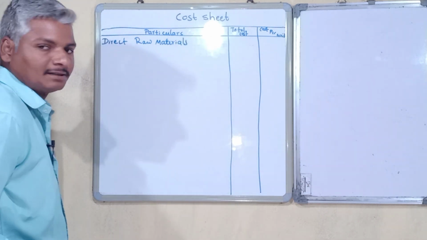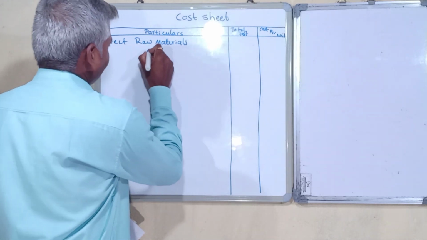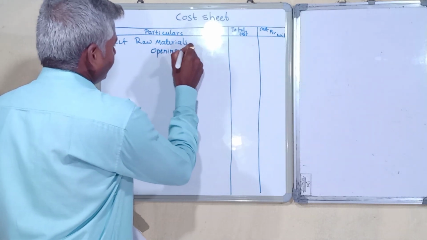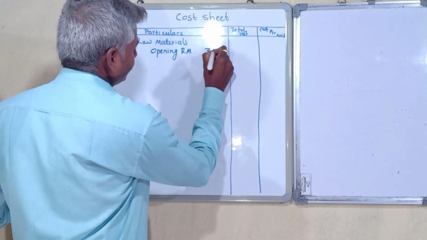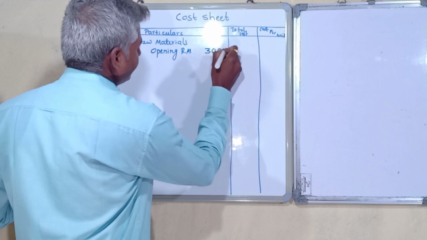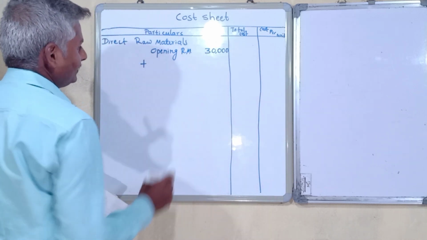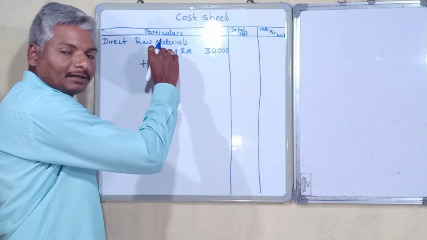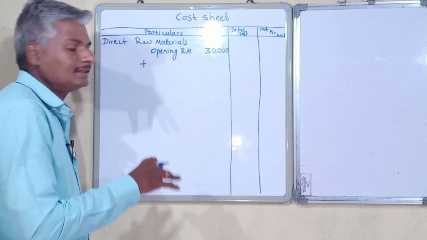Direct raw materials, there is opening stock of raw materials. So opening raw materials amounted to rupees 30,000. I will write it into the inner column. Then for opening raw materials we need to add purchases for this year.